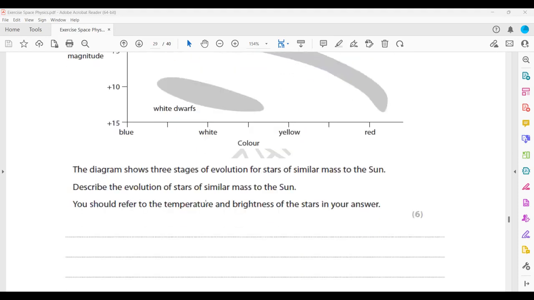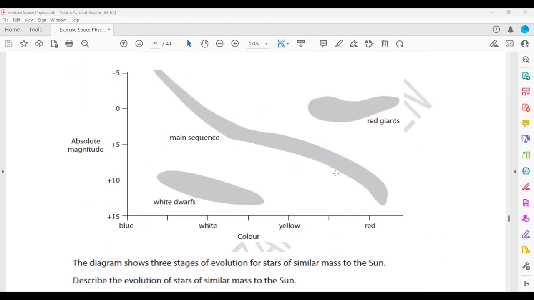So the question is, the diagram shows three stages of evolution of a star of a similar mass to the sun. So basically, this is a sun-like star, because if we have a massive star, it will have a different cycle.